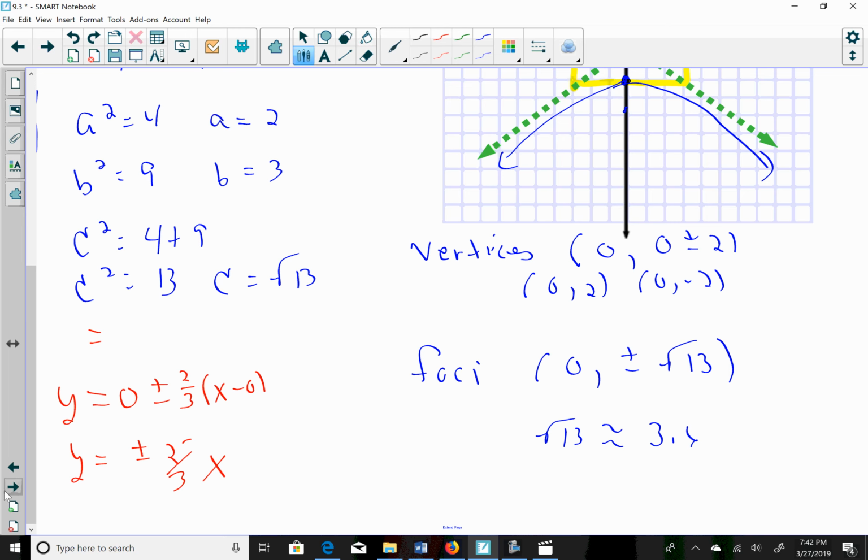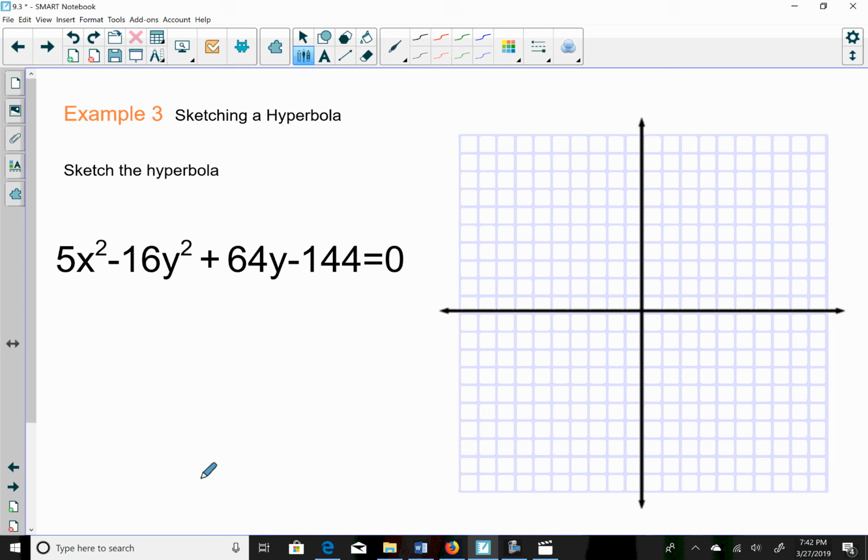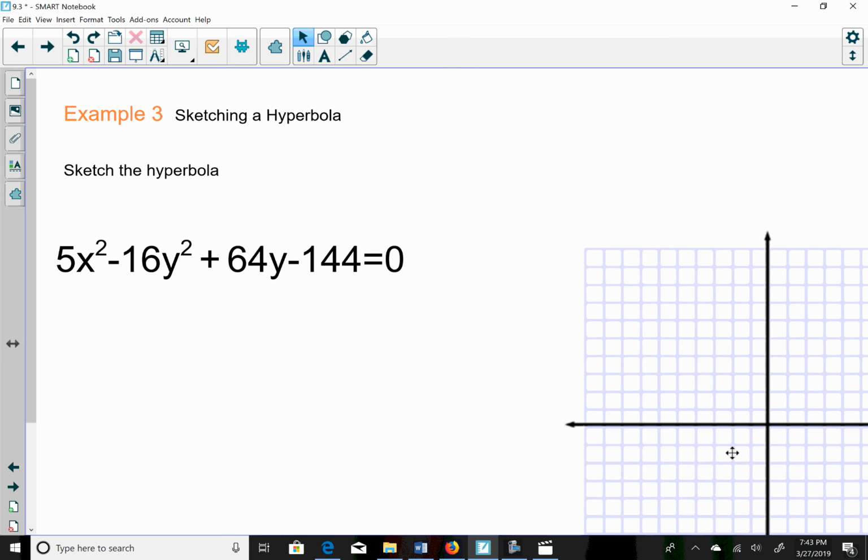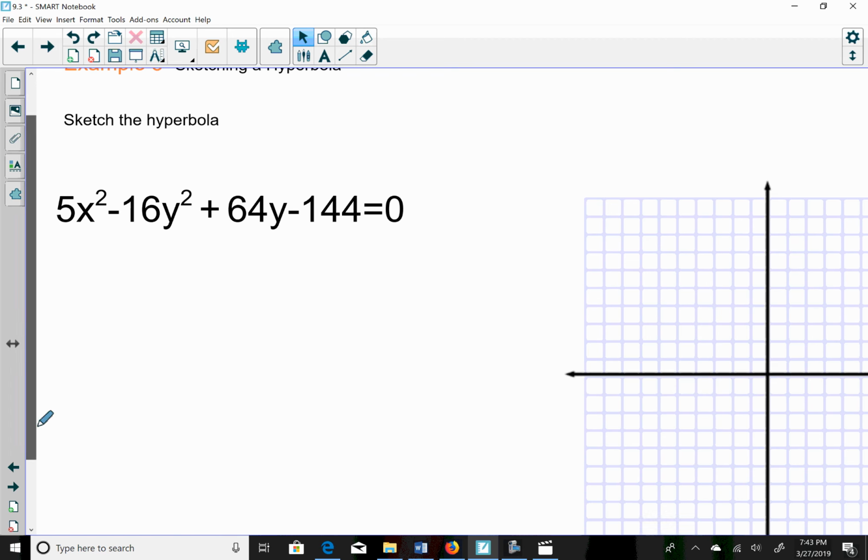So this one is given to me in the general form, which means it's set equal to 0. And I don't have those binomials, so I'm going to have to put it in standard form before I can graph it. So just like an ellipse, I'm going to put my x's together, put my y's together. Anything that doesn't have an x or a y, I'm going to move off to the side. So I'm going to move this graph out of the way.